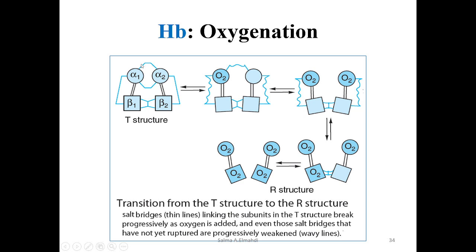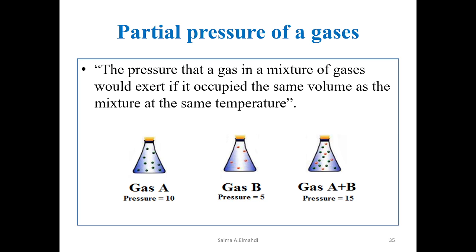As you can see here, the straight lines represent strong electrostatic bonds, with binding of the ferrous iron to oxygen. This one here is broken, and those ones are weakened with binding of more subsequent oxygen. This one here is broken, now these are weak, and so on, until all the electrostatic bonds have been broken.